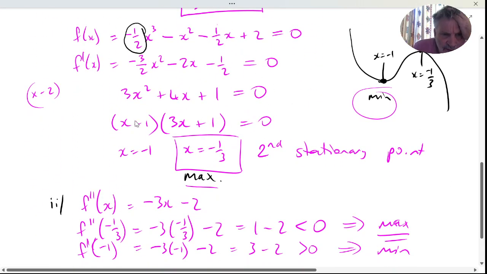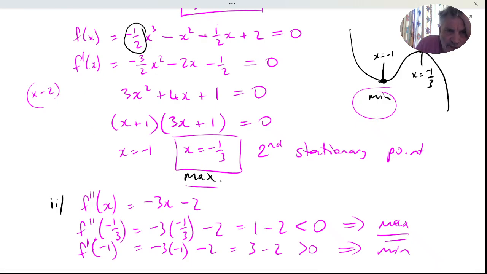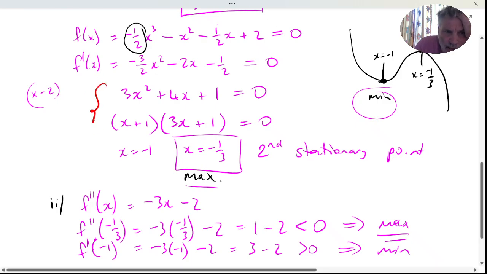Perhaps just this factorization that I did here. We've got the derivative. Multiplying through by -2 doesn't change where the roots are, but it gives us a quadratic that's easier to work with.